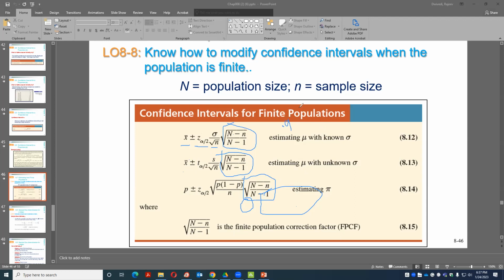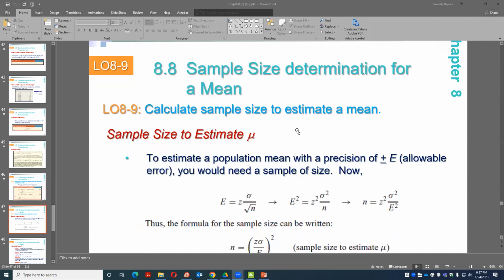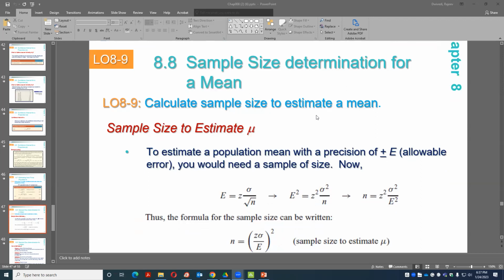Now, after this, a very important concept of the chapter: how do we calculate the sample size for any study? Suppose you are conducting research, and you need to decide whether 200 participants will be enough, or 500, or this or that.